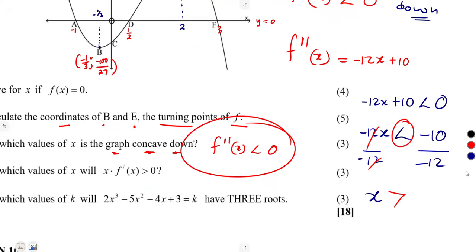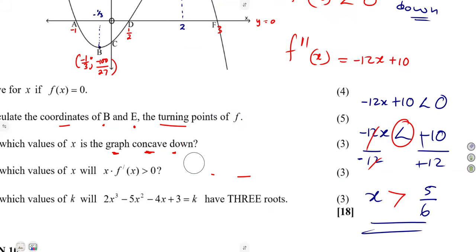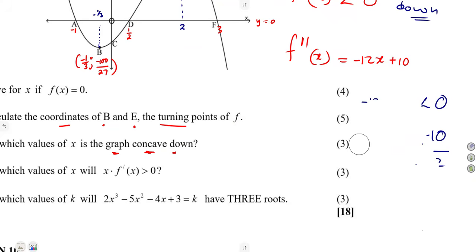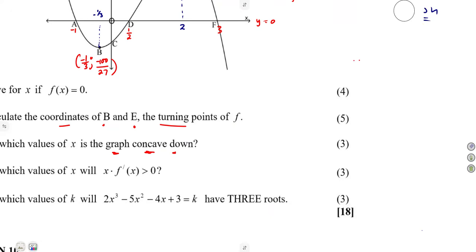So it's going to be greater than. 10 over 12, that's going to be 5 over 6. So these are the values of x which are greater than 5 over 6. All right, so that was the condition. x has to be at that point 5 over 6 and so on. So that is it, guys.